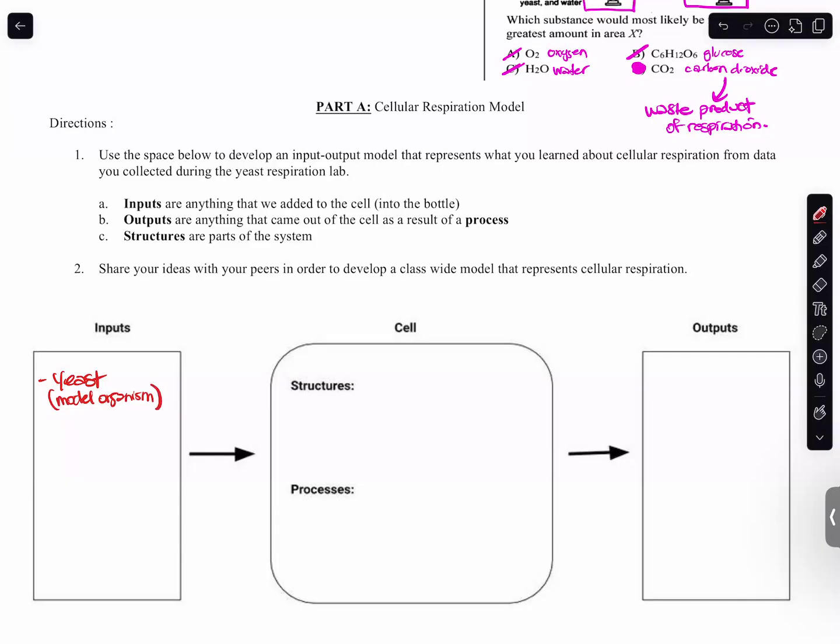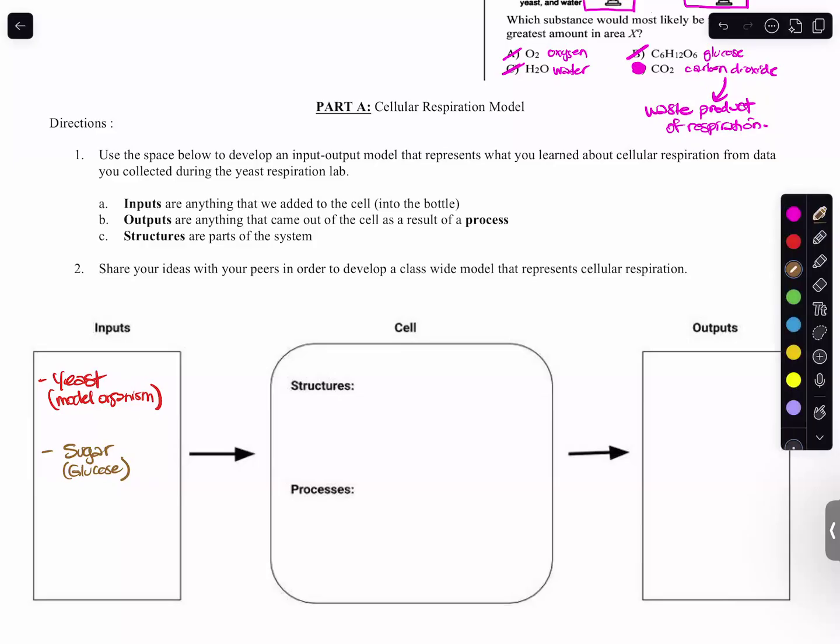Another thing that we added were those packets of sugar, those little Domino's packets of sugar. So we have sugar here, which is our glucose. And remember that our bottles were not sealed. They were open to the open air. So we know that oxygen has to be entering those bottles, and that the yeast are continuously able to produce that foam because they have a sufficient supply of oxygen.